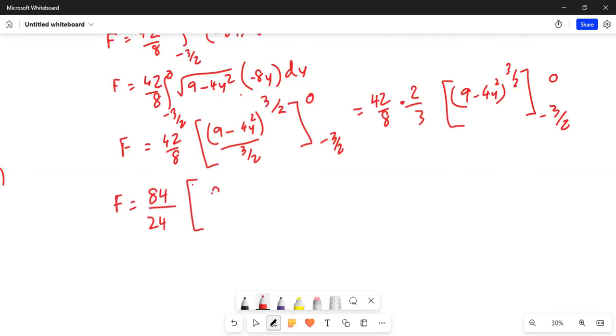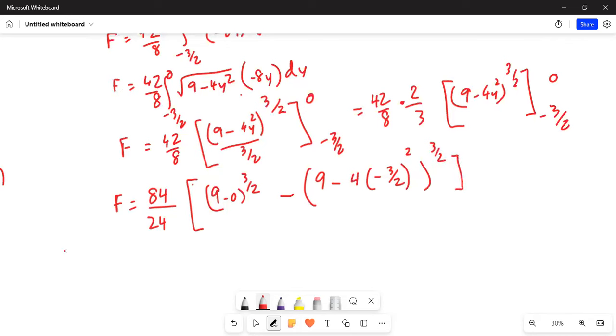So 9 minus 0, 3 by 2, minus 9 minus 4 times minus 3 by 2 square, and then the whole thing is 3 by 2 power.